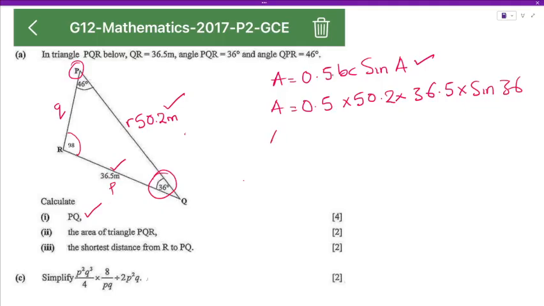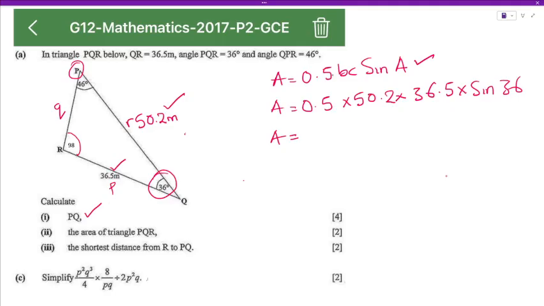And then for this one, you simply punch everything on your calculator. 0.5 times 50.2 times the side 36.5, and then times sine 36.